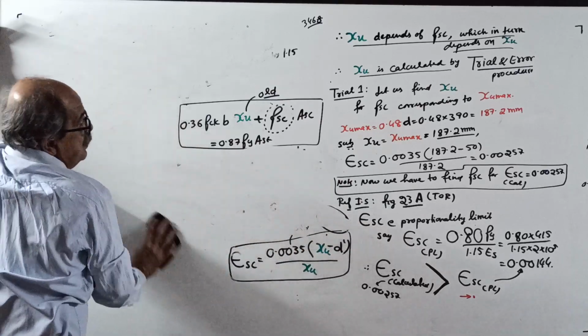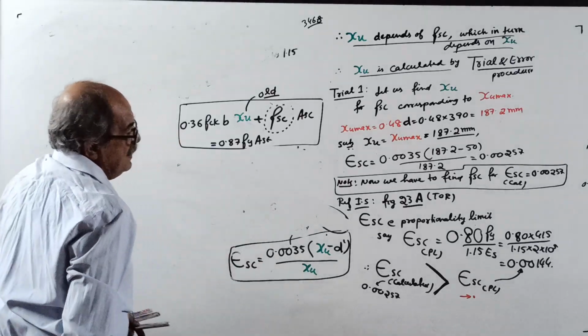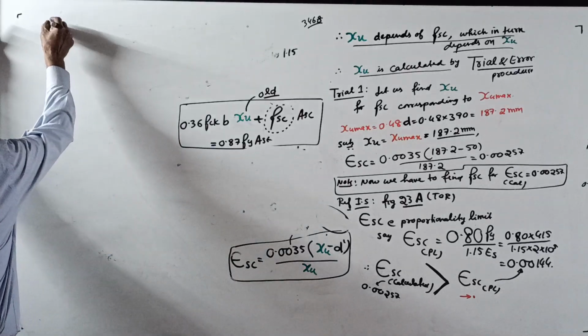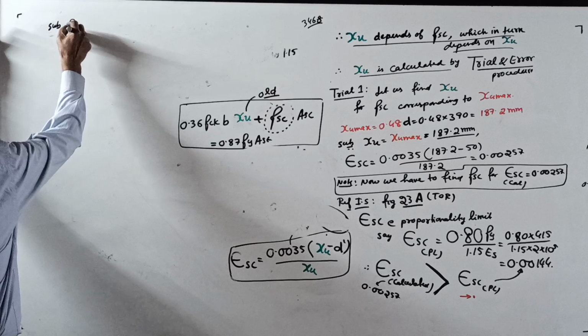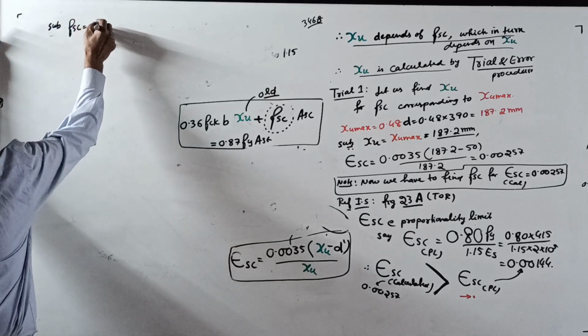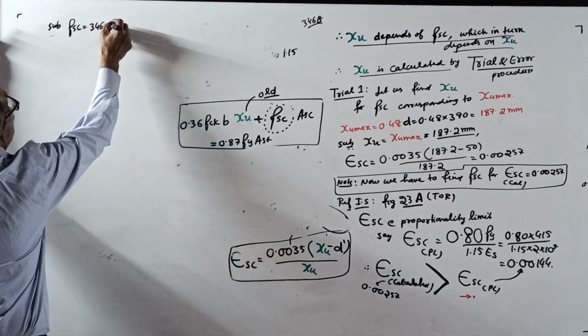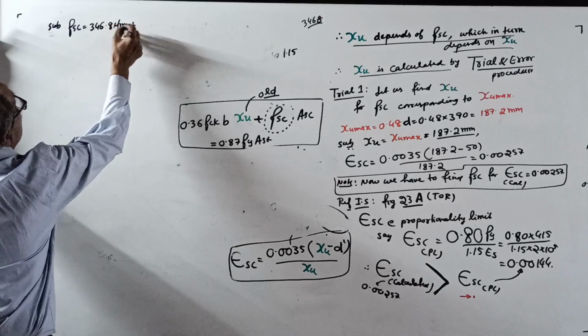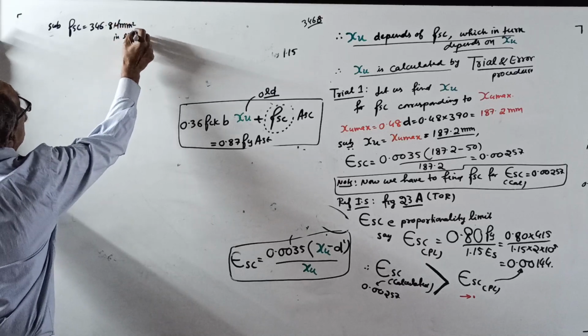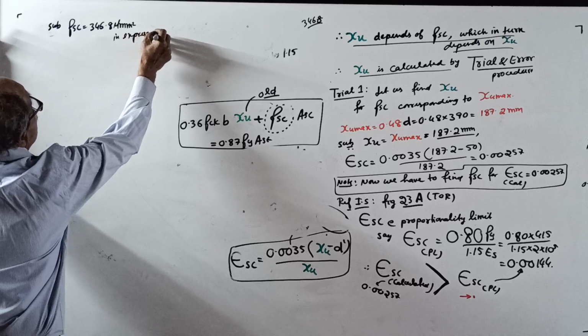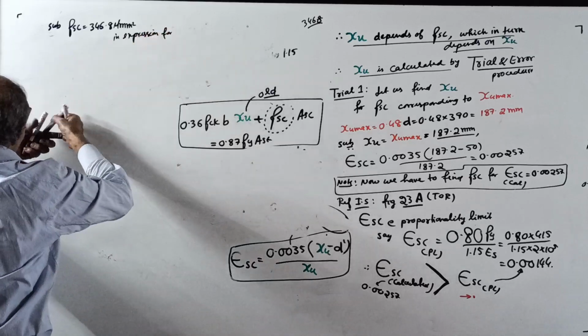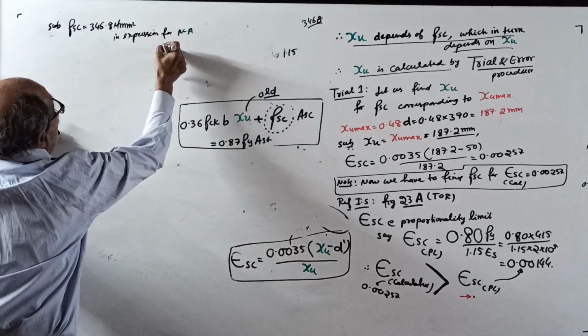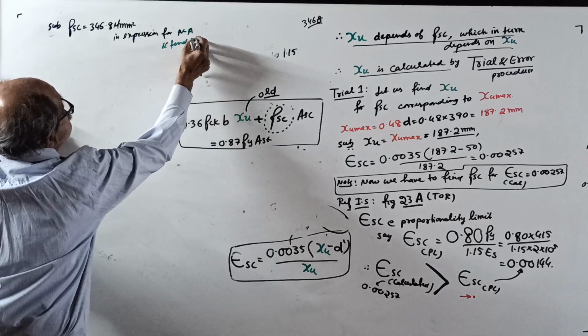Now, so we got the trial and error procedure; FSC came. Now see, substituting FSC equal to 346.8 Newton per mm square in the expression for neutral axis and find XU.